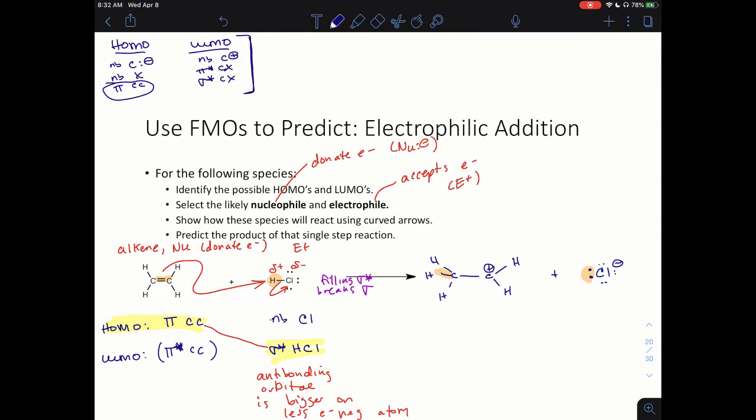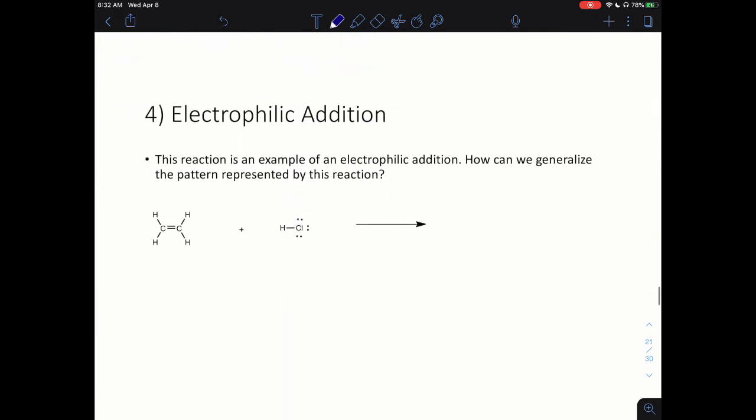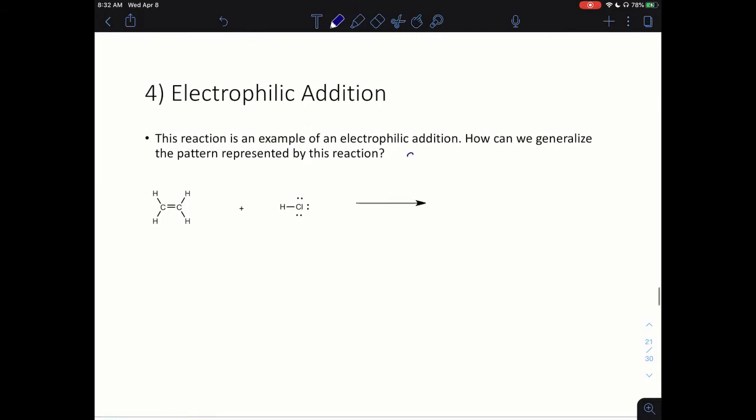So this is called an electrophilic addition step, where you've added an electrophile to a pi bond. So the alkene acts as the nucleophile, and you're going to add an electrophile to the alkene.